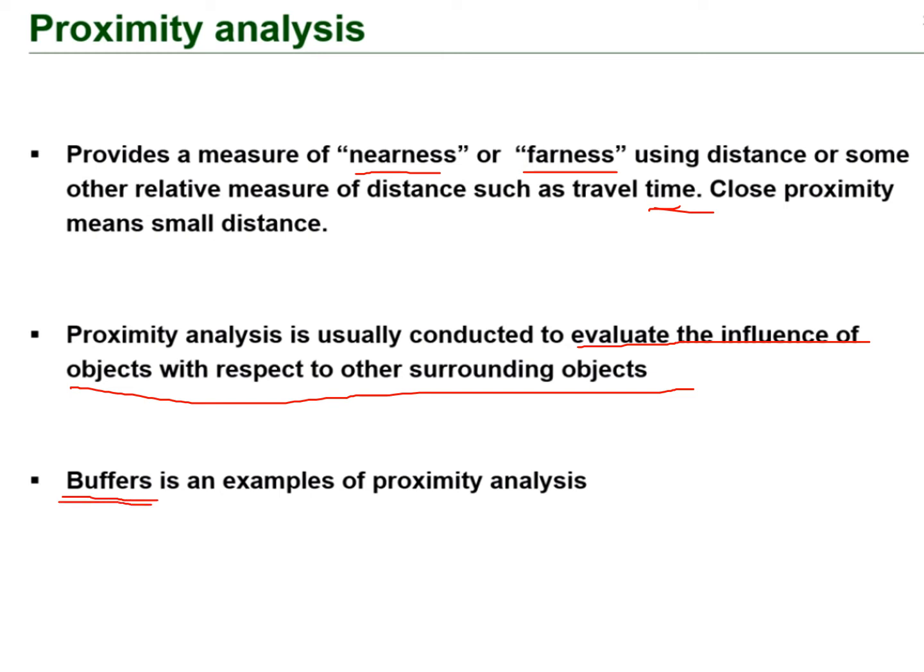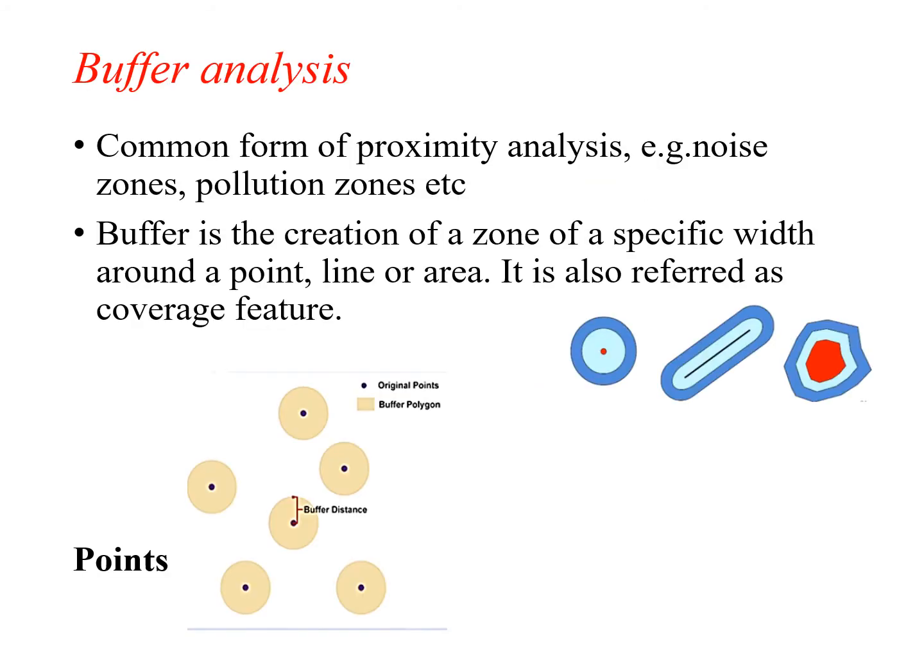Now, what is the meaning? To understand this buffer analysis, the most common example is the noise analysis or the pollution analysis. For example, in Mumbai city, which are the noise zones? That means you give some limit, and beyond that you say these are coming into the noise zone.